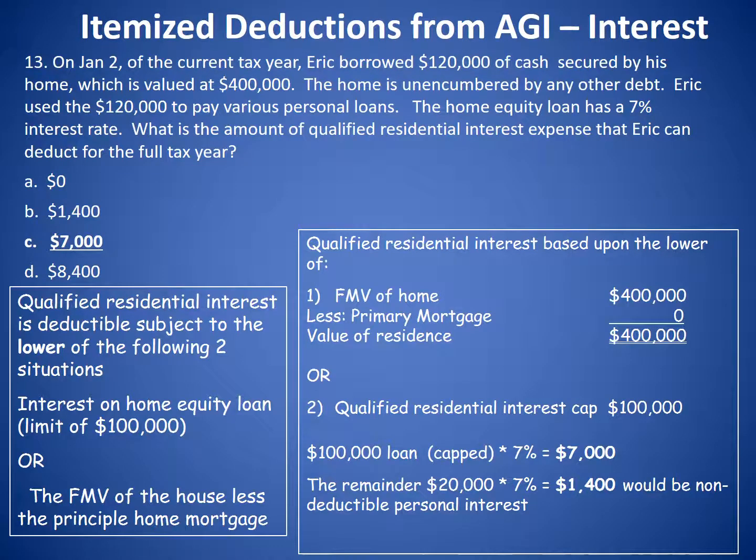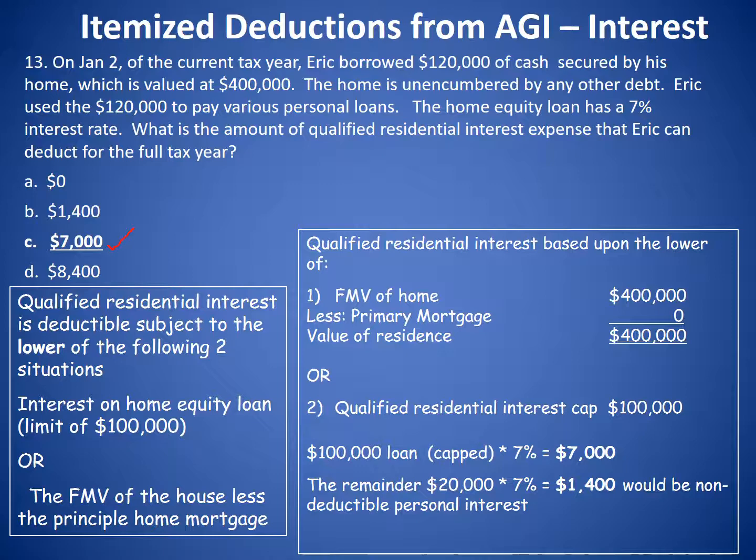Okay, the answer to number 13. On January the 2nd, again, Eric borrowed the $120,000 of cash, and there was no other loan on the property. So in this case, the answer would be C, $7,000. Now, here's how we compute that.